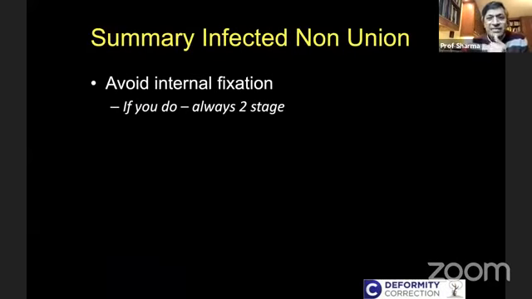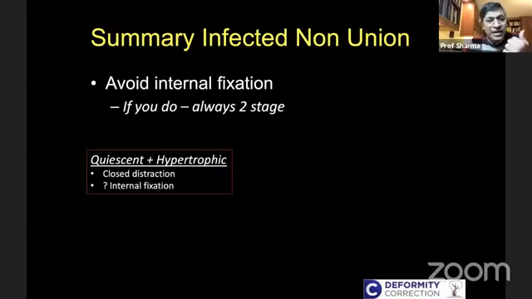So to summarize, infected non-union: avoid internal fixation if you can. If you have to do it, do it in two stages. When you put in a plate, make sure your fixator is well away from the plate, so there is no contact between the internal and external fixation. If it is quiescent and hypertrophic, closed distraction will heal it, and I would suggest no internal fixation.